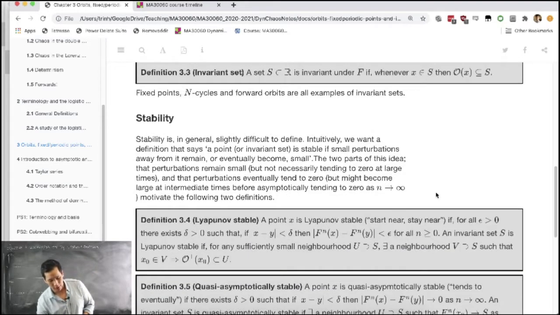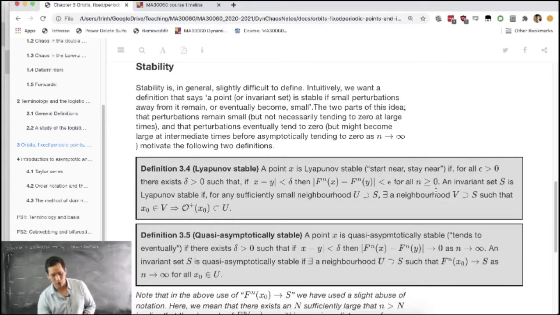Okay, and then in the last lecture, we ended with just a very basic informal definition of what stability is. I explained to you that the issue with stability is that if I think of a point x as being stable, then by stable I might mean that if I start slightly close to it, so if this is x here and I start close to x, then eventually I get closer and closer to x as time proceeds.